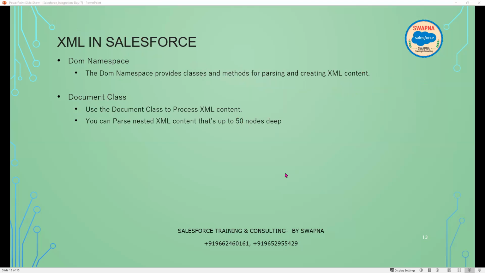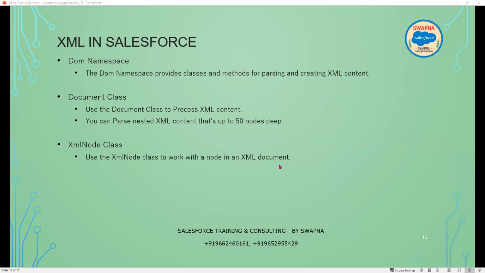Now the second class is the XmlNode class. First is the Document class, second is the XmlNode class. Using the XmlNode class, we can work with the nodes in the XML document.